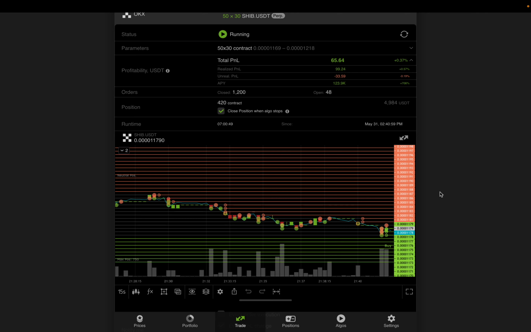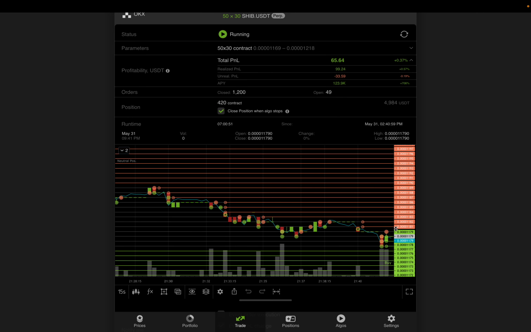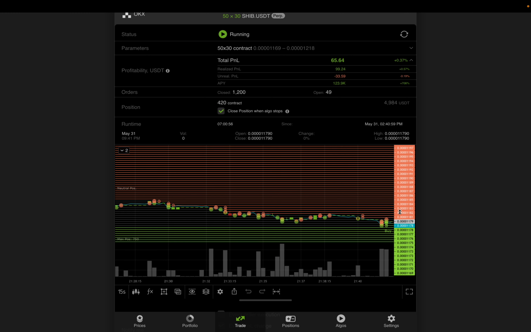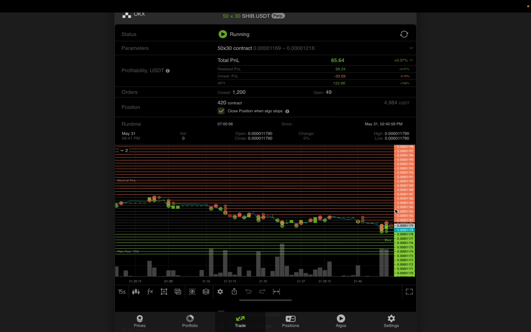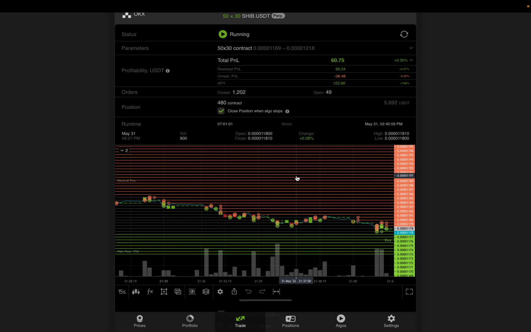Other than that, for the vast majority of the instruments on any exchange, the price steps are too close to set up a grid on each of them, because you'll be losing on the fees, the exchange commissions, more than you'll be making on the price difference between each level.